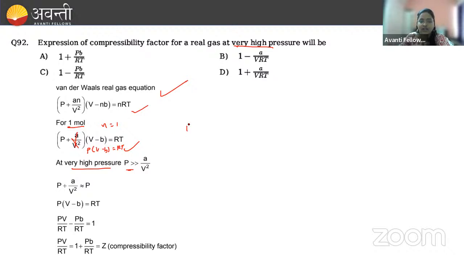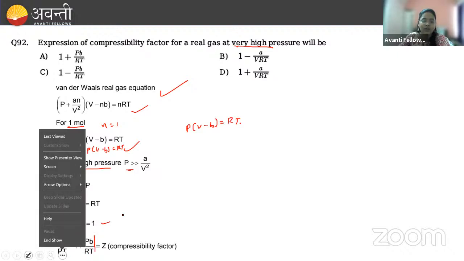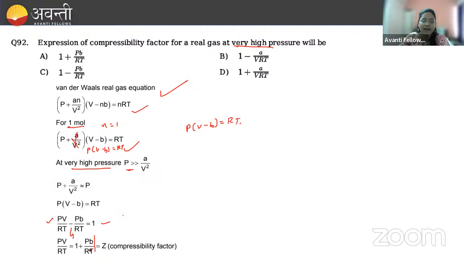So rearrange this equation: P(V − b) = RT. You can see here PV upon RT minus Pb upon RT is equal to 1. So I have transferred this minus term to this side and you will get this answer: PV by RT is equal to 1 plus Pb by RT. And what is Z?